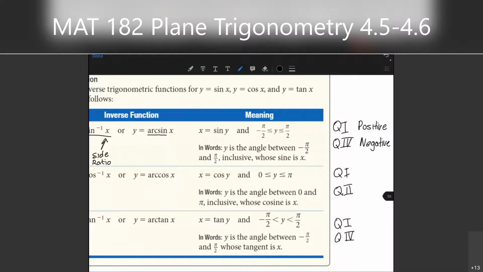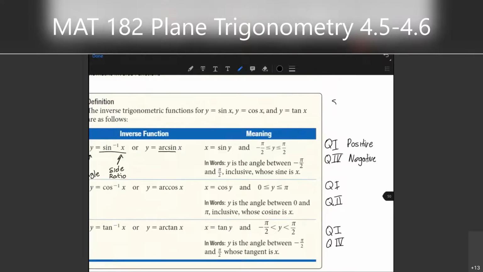So for instance, if I had a sine inverse of, say, 1/2, this angle we could predict is going to have to be in the first quadrant because it's a positive ratio.